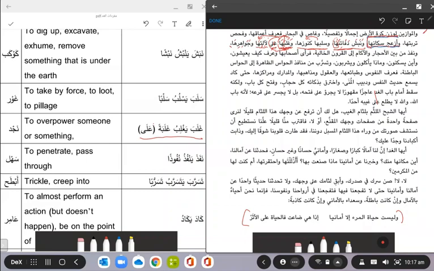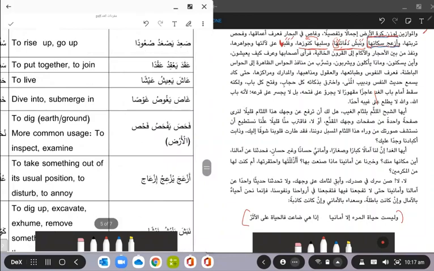Okay, so if this ha wasn't there, it would have been very clear. If this ha wasn't there, it wouldn't have been a problem at all. We would have said وَغَلَبَ عَلَى لَآلِئِهَا وَجَوَاهِرِهَا, and he overpowered its pearls and its treasures.